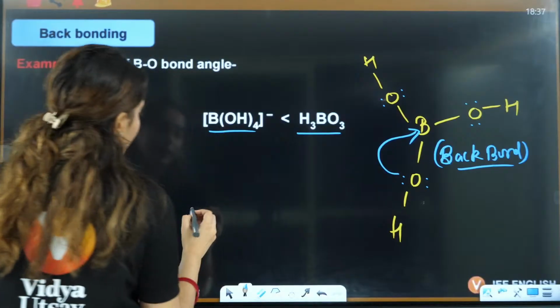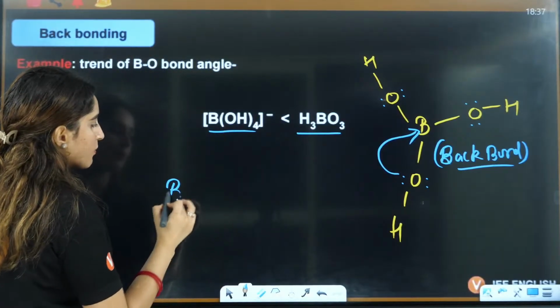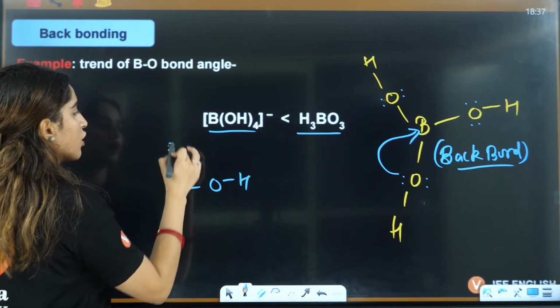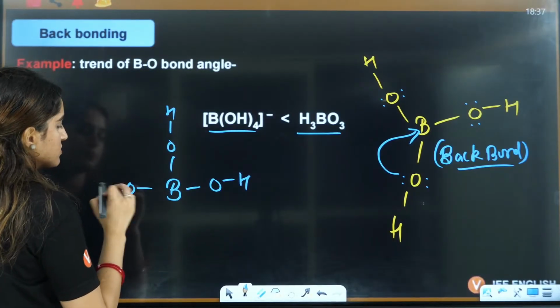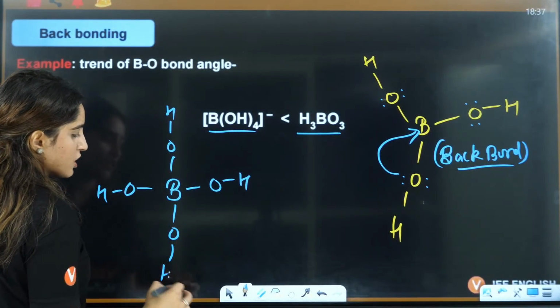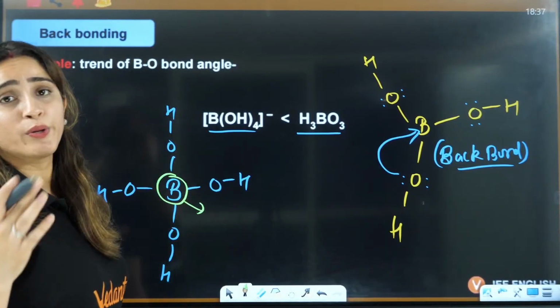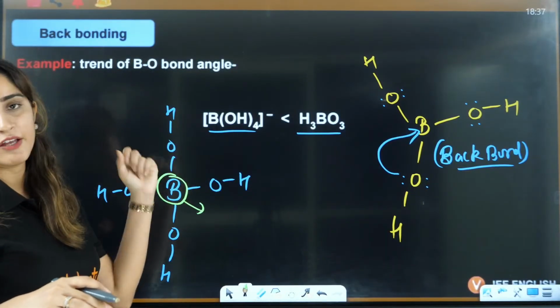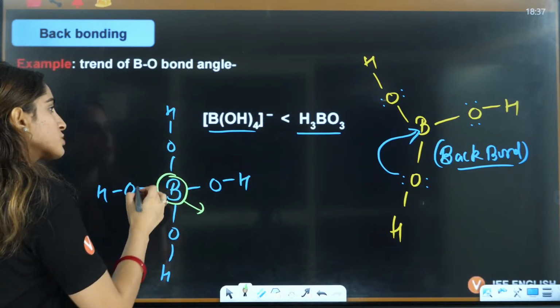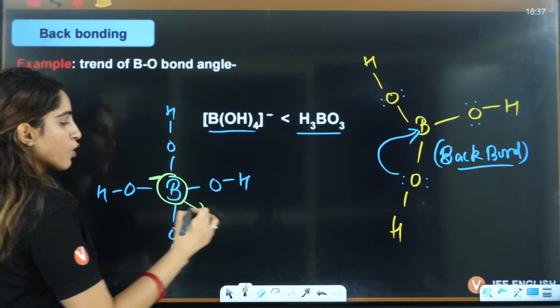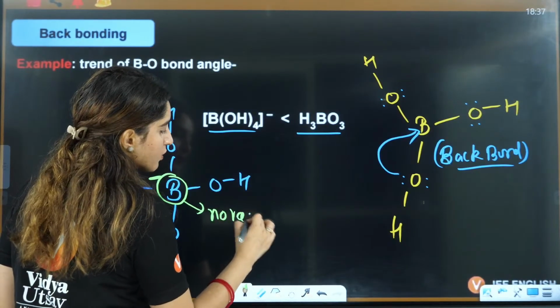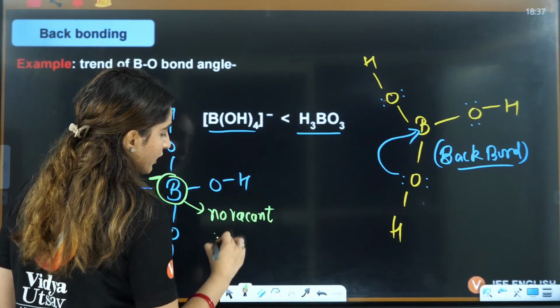But ma'am, over here why is it not so? Because if you talk about this one, with OH, OH, OH, OH, in this case the vacant 2p orbital already has one extra OH, so you have a negative charge here also. So there is no vacant orbital here, so no back bonding.